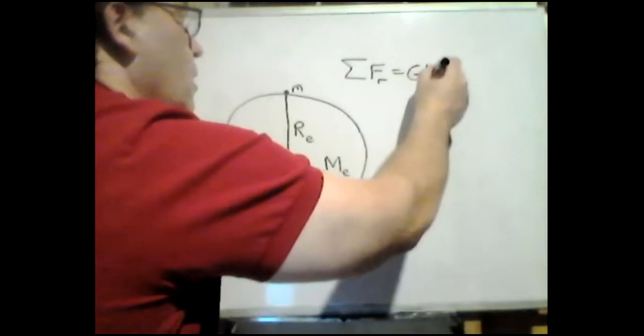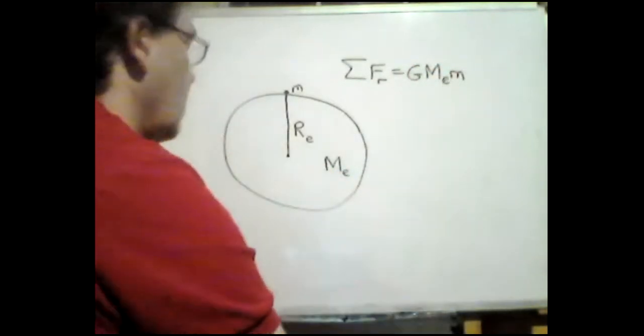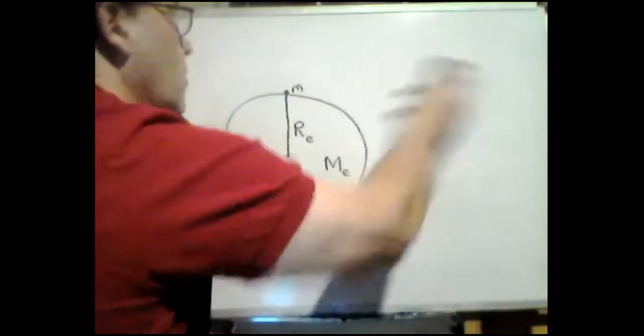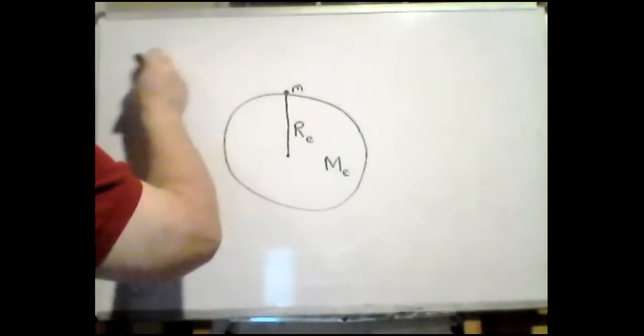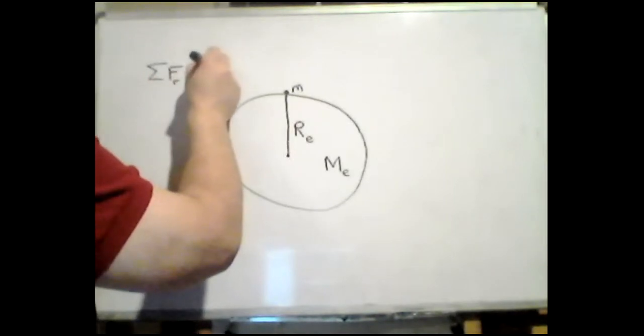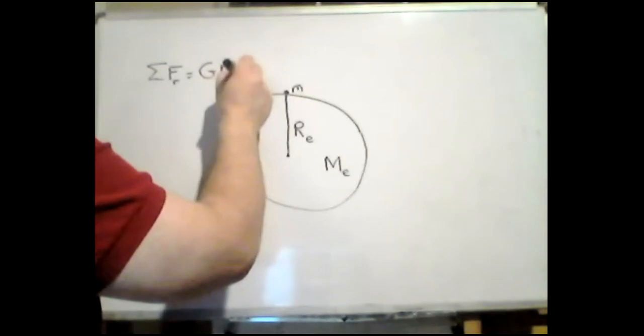G, the mass of the Earth, your mass divided by, all right, so sum of all forces in the radial direction. Again, the only force you're going to feel here is Newton's law of gravitation.